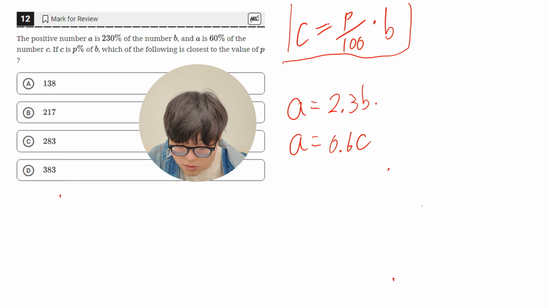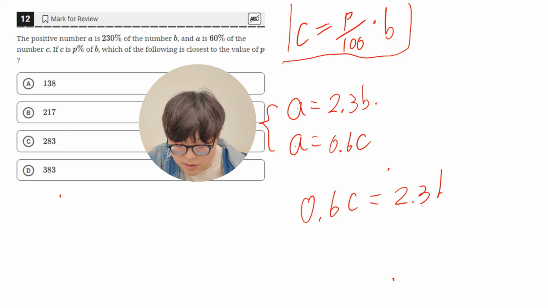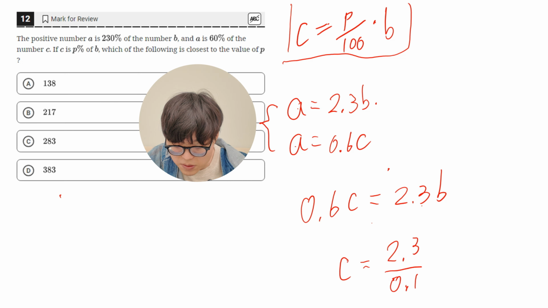Because for these two equations the A values are the same, we can basically structure our equation as 0.6C equals 2.3B, because like I said before, both of these have the same value as A. So now we have to form it so that our left-hand side only has C remaining. To do that, we divide 2.3B by 0.6. 2.3 divided by 0.6, times B.